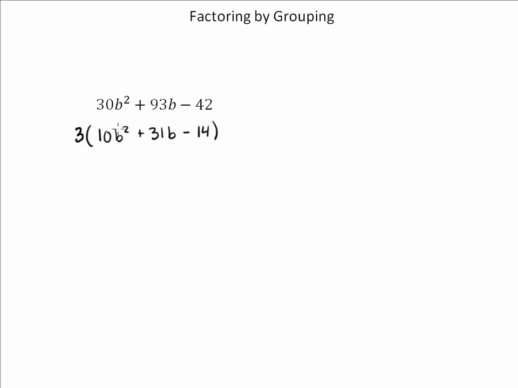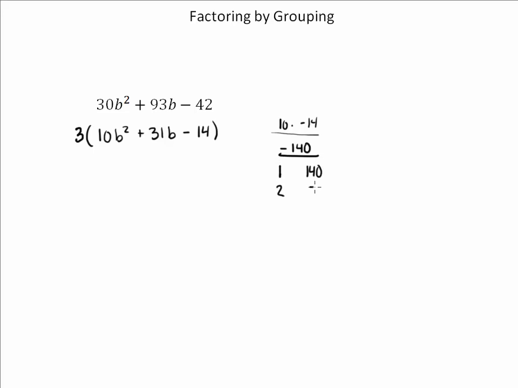Okay, next step, we'll take our a value, which is 10, and multiply it to our c value, which is negative 14, giving us negative 140. So this is what we want to factor. So let's take a look at this. What multiplies together to get 140? Well, we got our obvious one, 1 and 140.